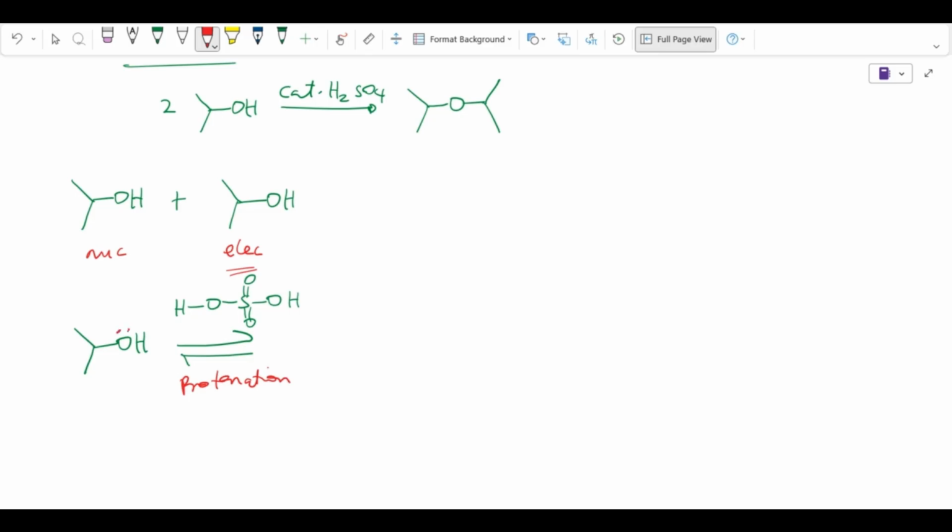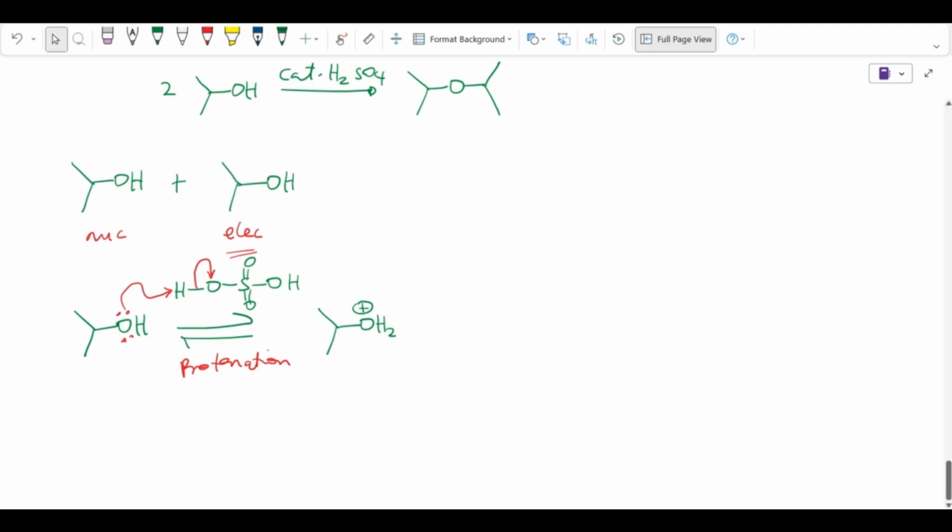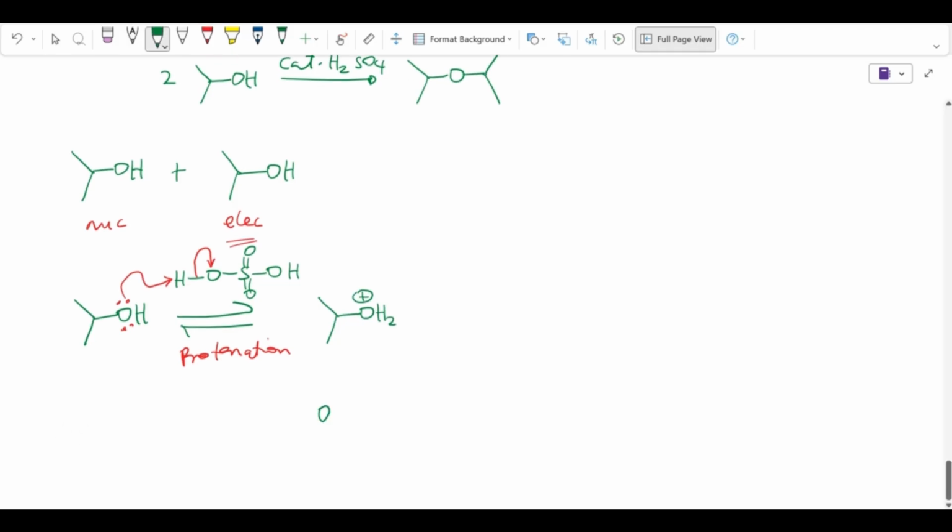In protonation, the lone pair on the oxygen will go on to grab the acidic proton of the sulfuric acid. The bond between hydrogen and oxygen will break, and the excess electrons will form a negative charge on the oxygen. So here, you would have hydronium ion, and you also form the conjugate base of the acid.